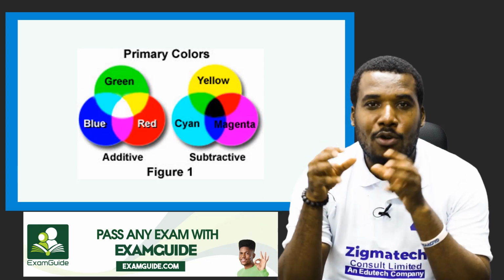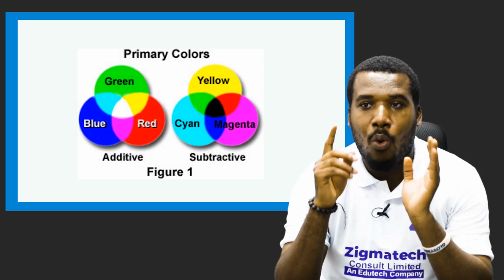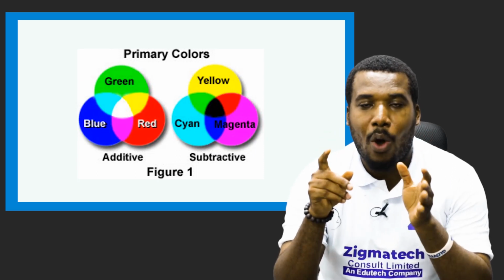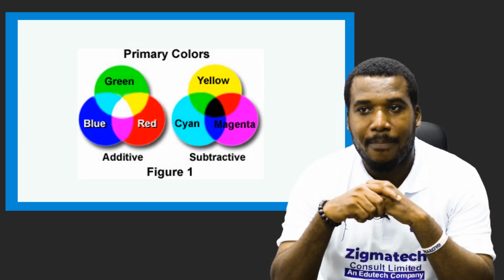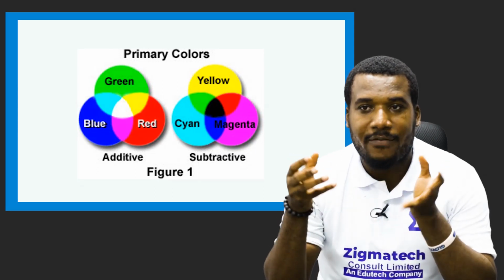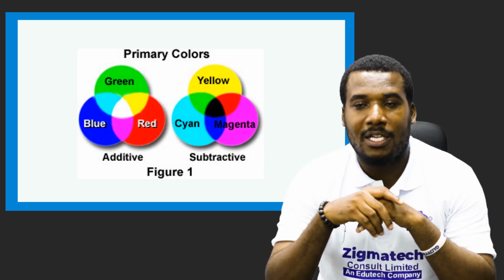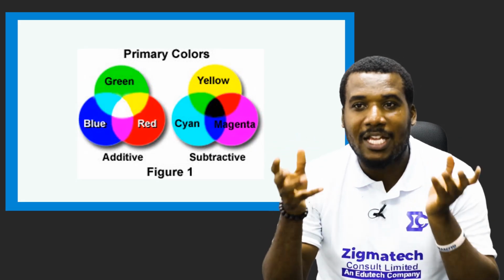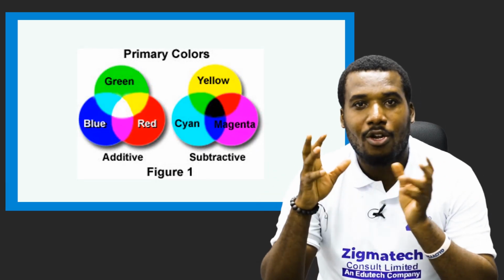And in additives, when you add them together, there is one color that is prevalent, white color. The color white is prevalent when additives are bound together. When the subtractive colors are taken away, the color black is prevalent when you take all the colors away. Hence white and black are known as the neutral colors.